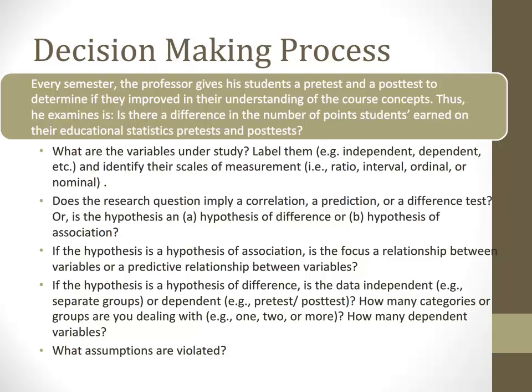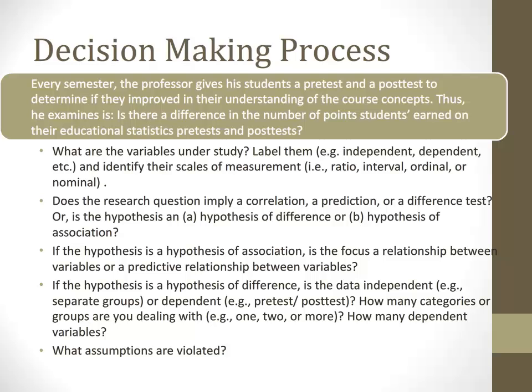Our independent variable is actually time, the time of the pre-test and the time of the post-test. And this is a nominal level measurement because we're looking at two different categories. We can't really rank order them, we just have before and after. And we can't say one is better than the other in any way, so they're nominal.